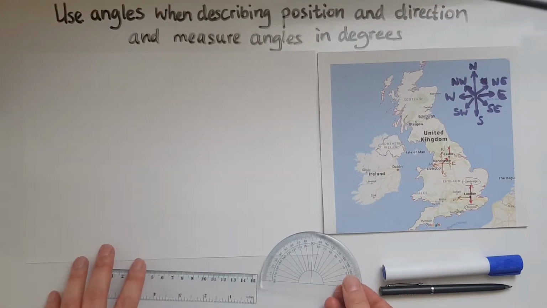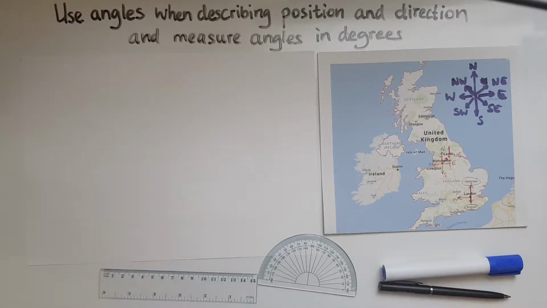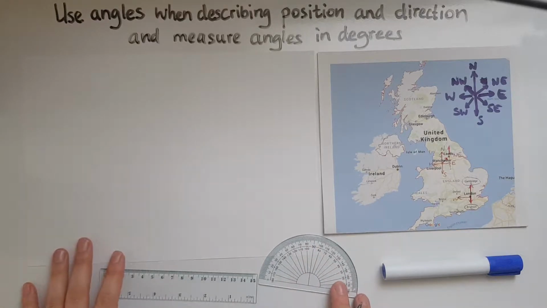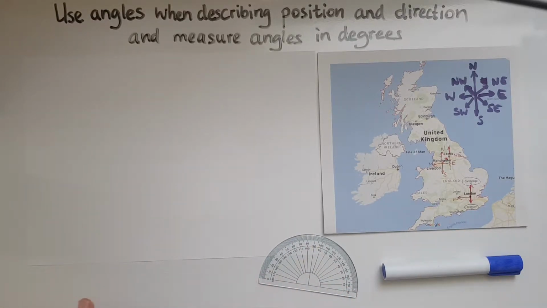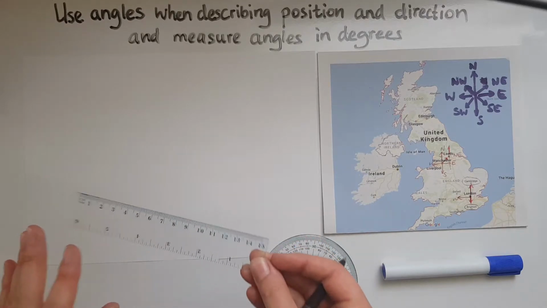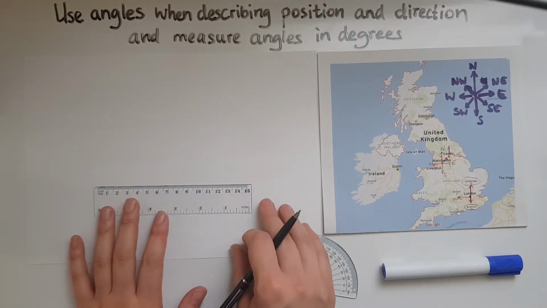I always encourage learners to use pencils rather than pens when drawing because they might get it wrong, so then you could easily rub out whatever answer you think is wrong. So we'll start by drawing a line first.